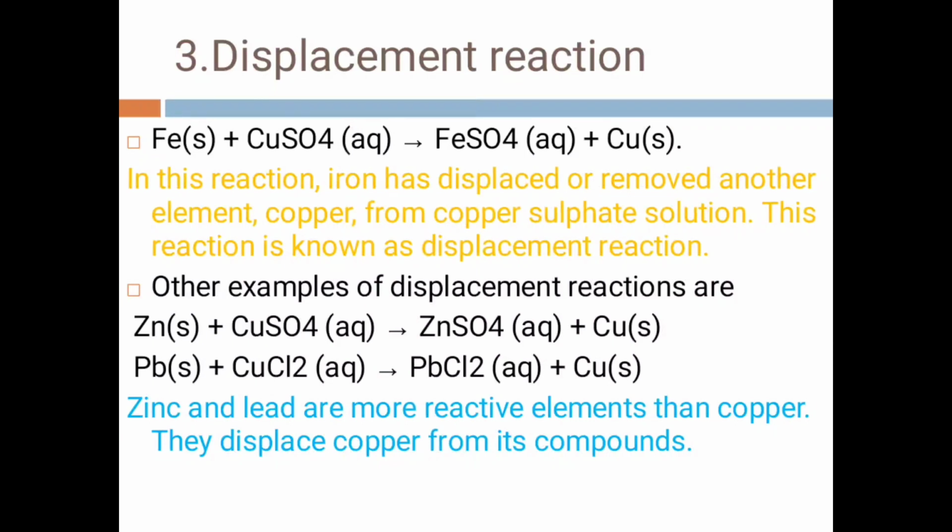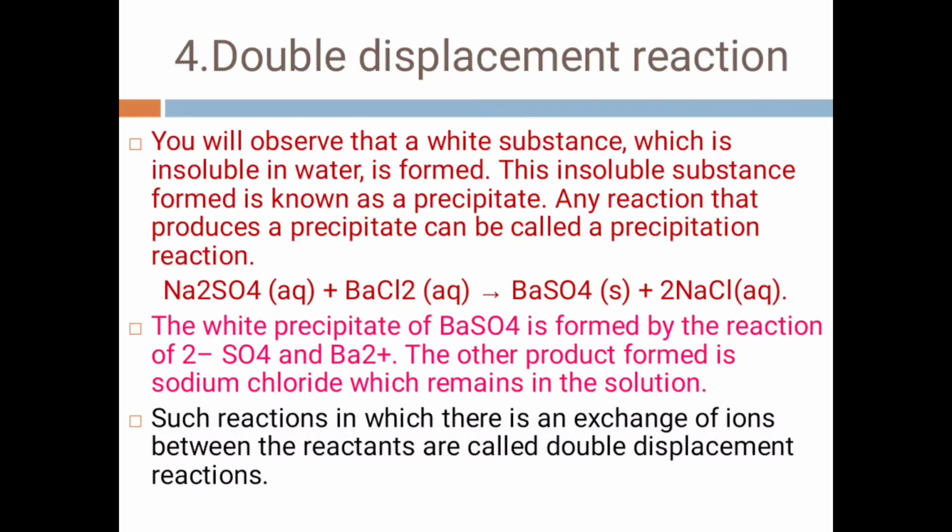The reason being that zinc and lead are more reactive elements as compared to copper, and hence they have the power to replace Cu from both the CuSO4 and CuCl2, and hence they displace copper from its compound.